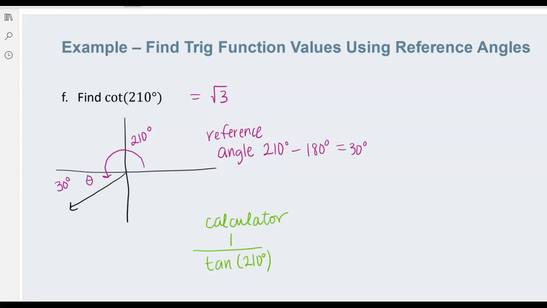Is this positive or negative? And using our mnemonic device, we said all students take calculus. So this means that tangent is positive here because of the T. And since cotangent is the reciprocal, this is also going to be positive. So I think our answer overall is positive square root 3.